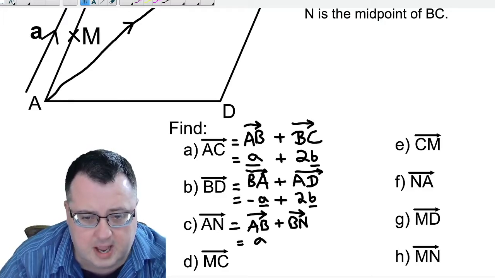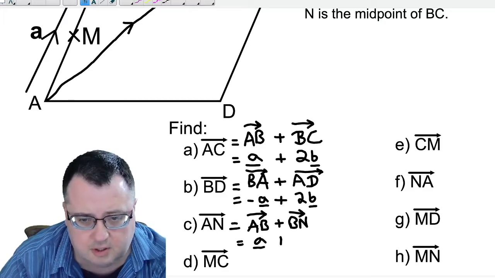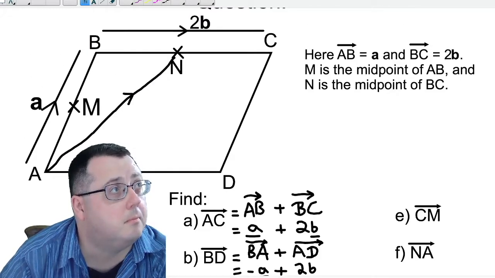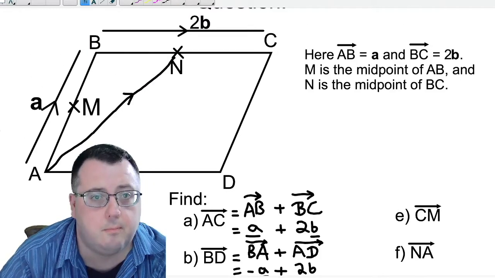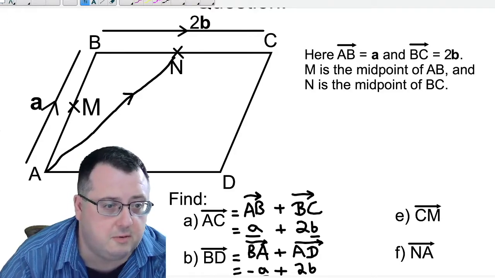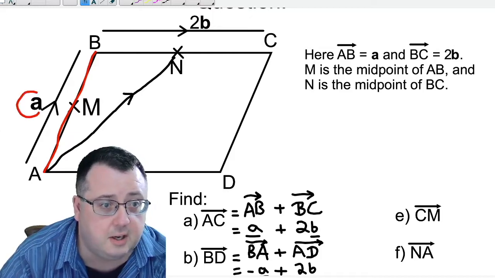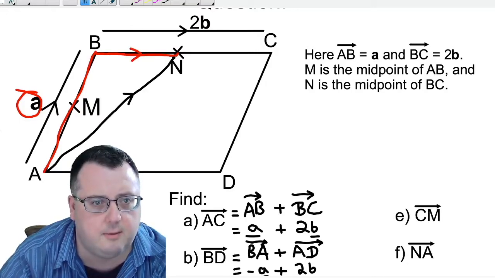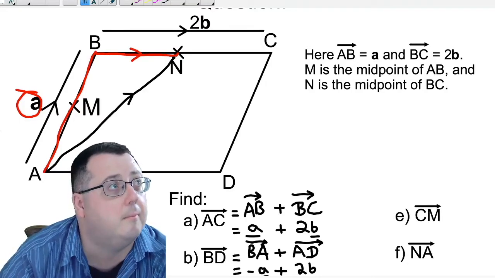And then what about BN? I'll scroll up so you can see it again. So let me just show you. We have done this part here, that's our A. We've now got to do this part here. So what's that vector going to be there? B to N.